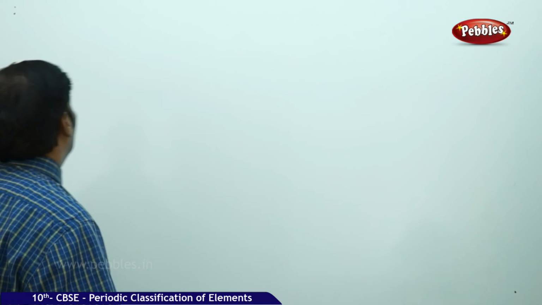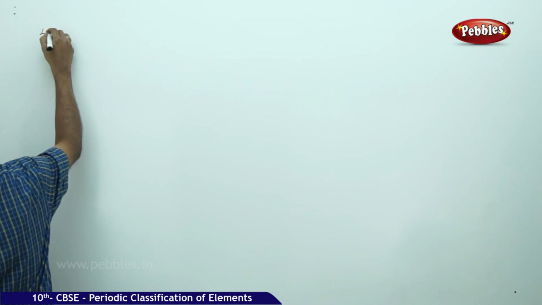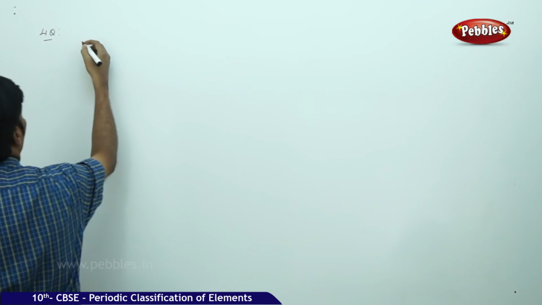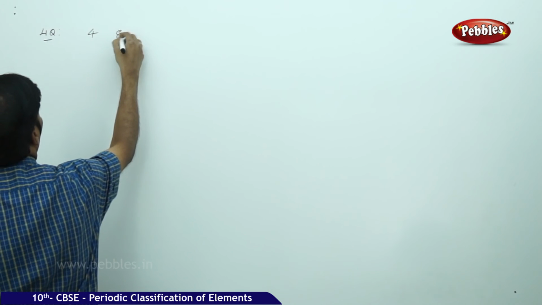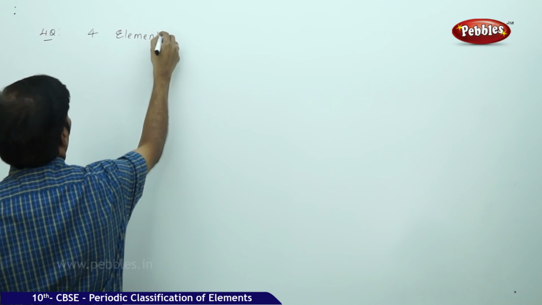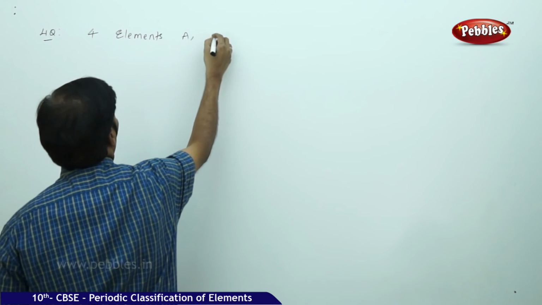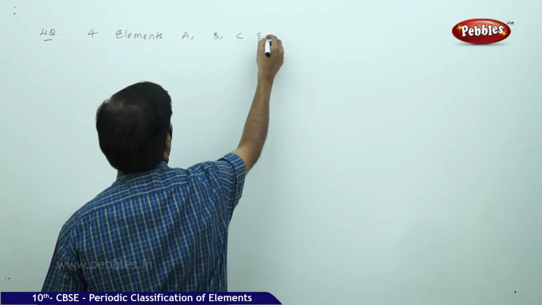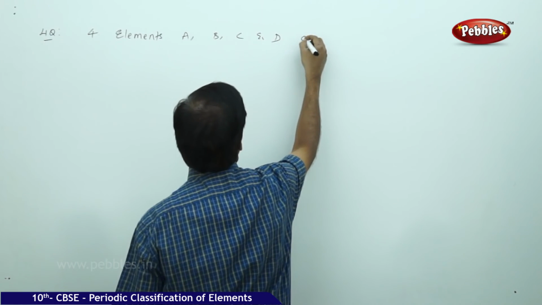So the next part of the question, that is the fourth question. Suppose four elements A, B, C and D are given.